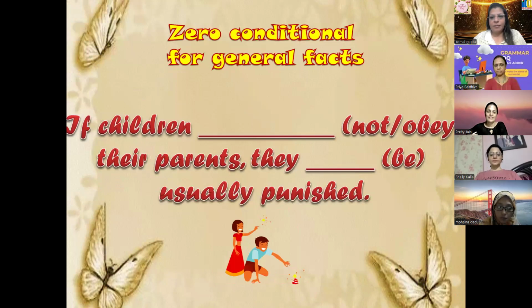If children do not obey their parents, they are usually punished. What comes in the first fill up?